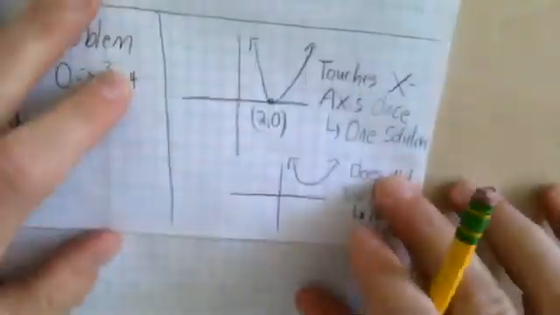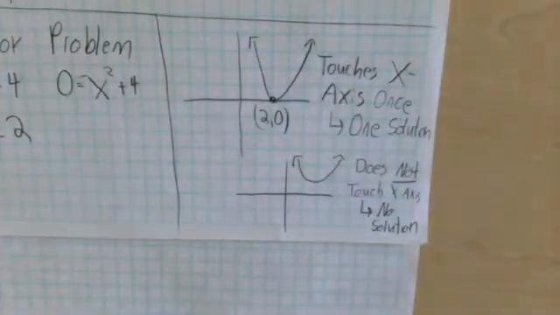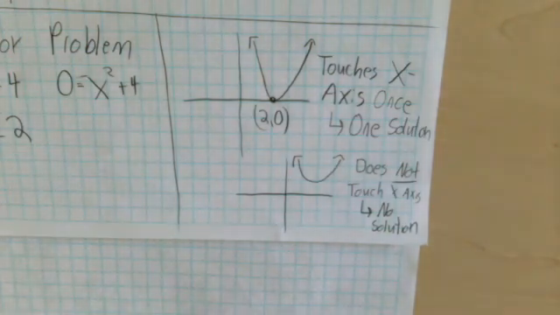Okay, last set of notes is right here. So far, we've dealt with 2 solutions because the graph has crossed the x-axis in 2 different places. That's not always going to be the case.